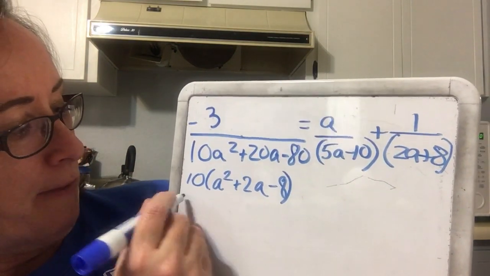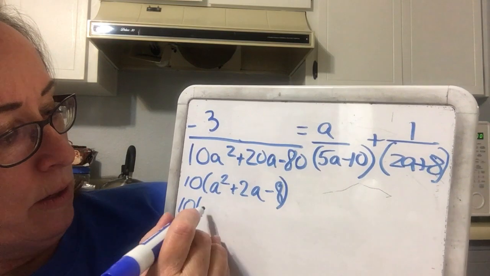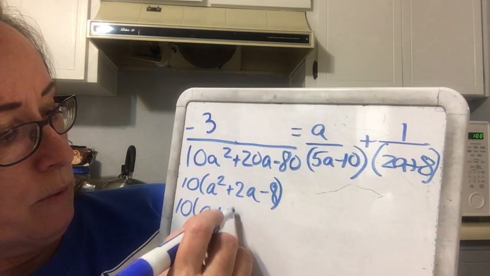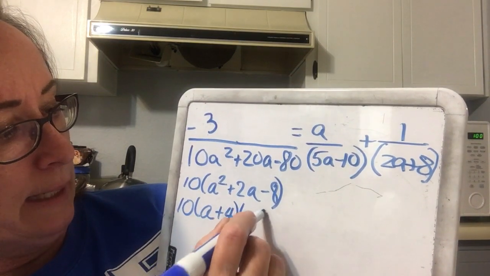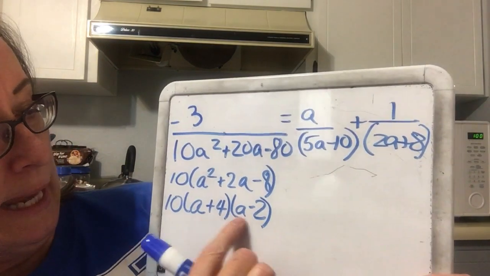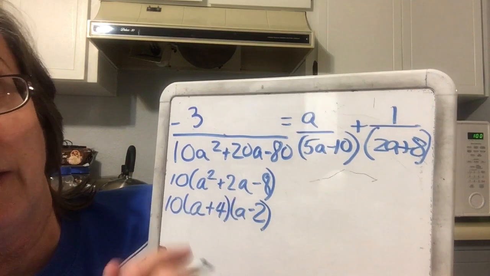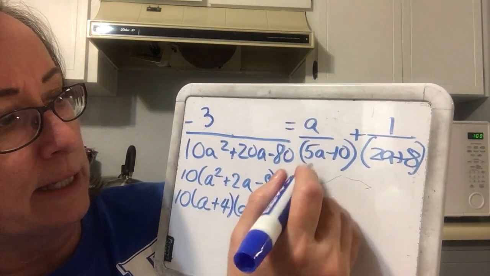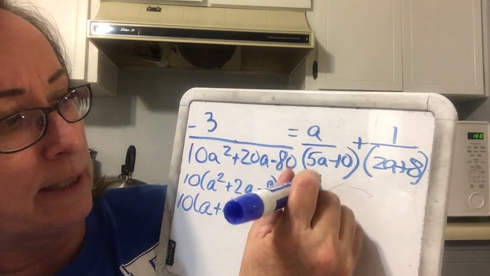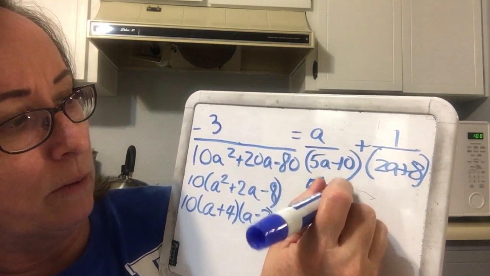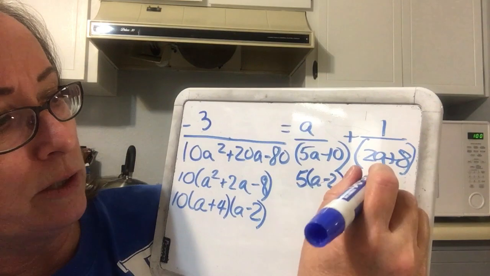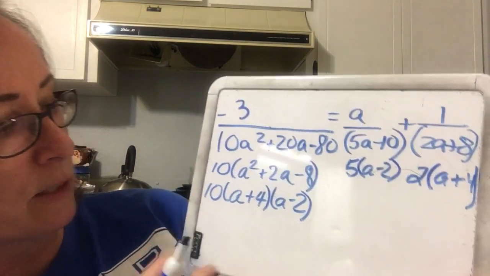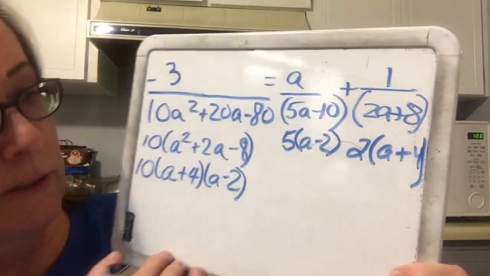I'm going to further factor into a plus 4 times a minus 2. Okay, so that a plus 4, a minus 2 will give me the 2a in the middle. And then when I factor this one, I've got a 5 times a minus 2. And I factor this one, I get a 2 times a plus 4.